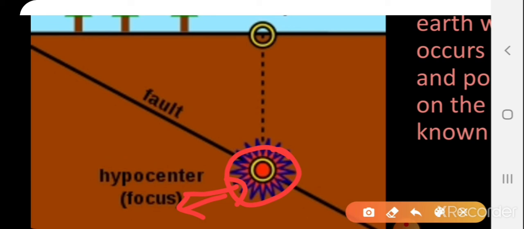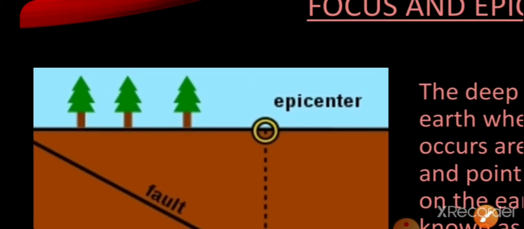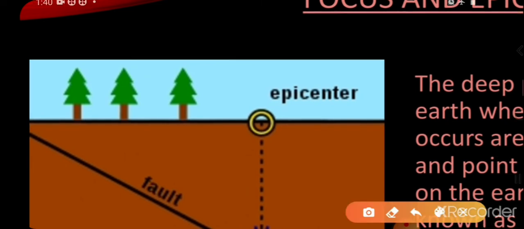And the point vertically above the focus on the earth's surface is known as epicenter. Here the tremors are striking. The pressure from the interior earth is striking in this region and this is known as epicenter.